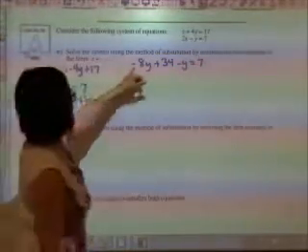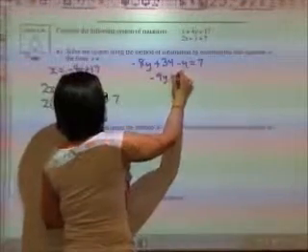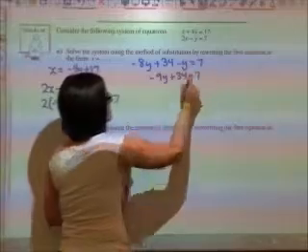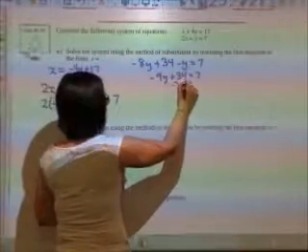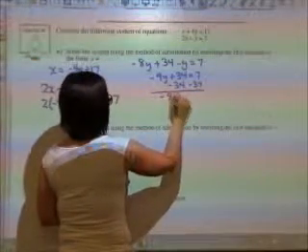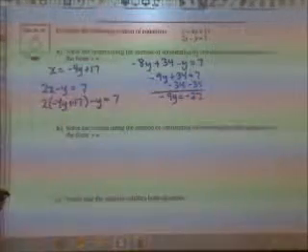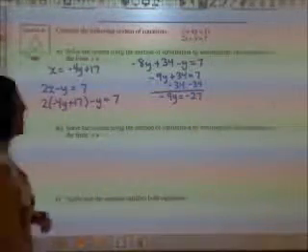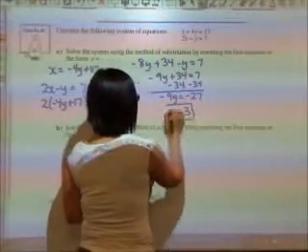I would collect the like terms, so I now have negative 9y plus 34 equals 7. I'd move the 34 over through subtraction, and I'd get negative 9y equals negative 27. Divide both sides by negative 9, and I would get that y is equal to 3.